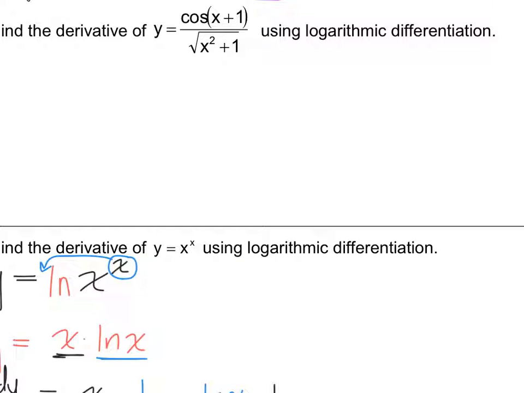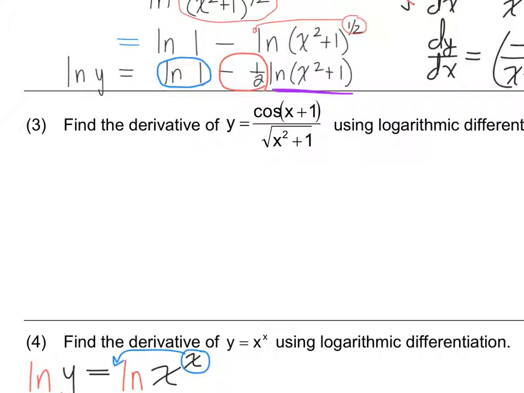So first step in the process would be to take the log of both sides. All right, natural log again. So ln of y would be equal to the ln of the cosine of x plus 1 over, now I'm going to write that root of x squared plus 1 as x squared plus 1 to the 1/2.